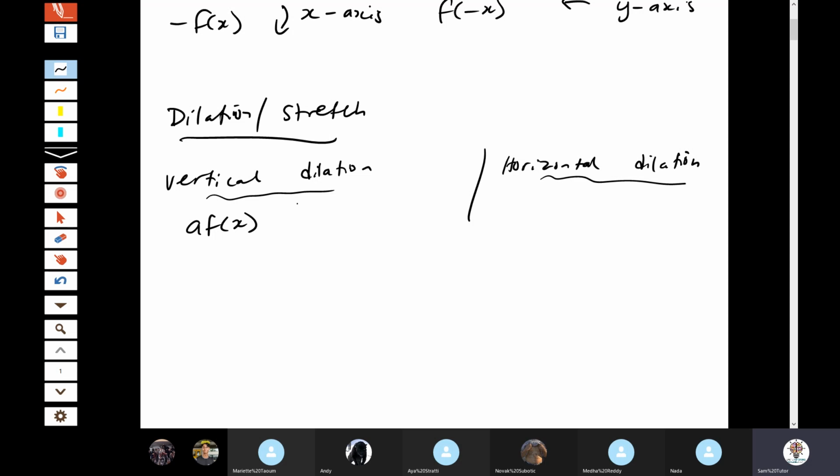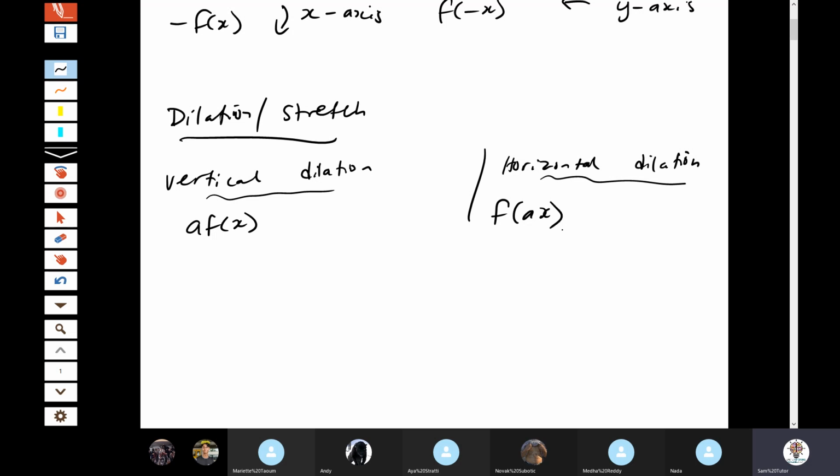Vertical dilation, a of f of x. Horizontal dilation, f of ax. So far, so good? So vertical, as you guys should know, especially with your algebra, it is multiplying to the whole function, which means the y value is actually changing, which is why it's a vertical dilation.